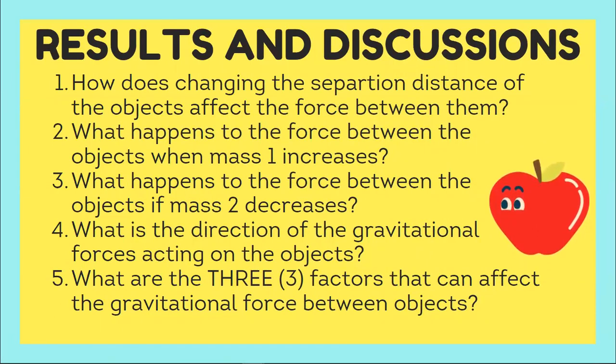Then question number 3, what happens to the force between the objects if mass 2 decreases? Then question number 4, what is the direction of the gravitational force acting on the objects? Then question number 5, what are the 3 factors that can affect the gravitational force between objects?